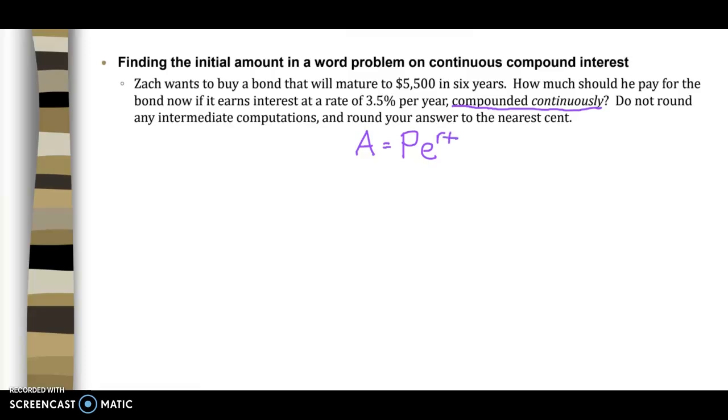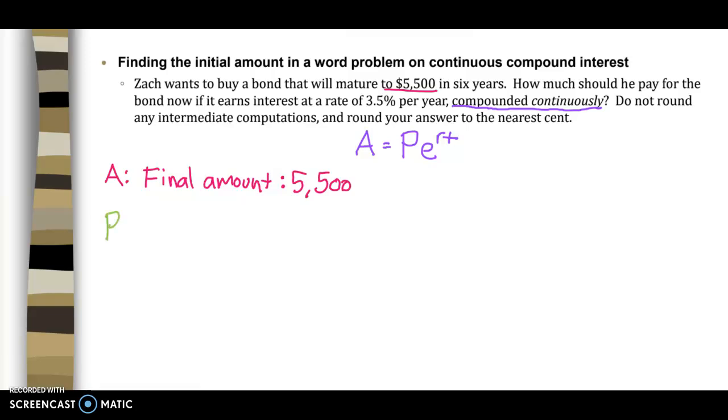Now remember, what is A? A is your final amount. So in this case, what is it? Well, in this case, we want it to get to $5,500. So A is 5,500.